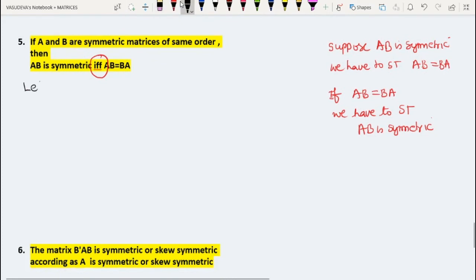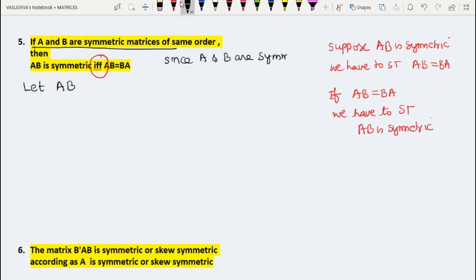Here A and B are symmetric matrices of the same order. So we can conclude here, since A and B are symmetric, A dash is equal to A and B dash is equal to B.